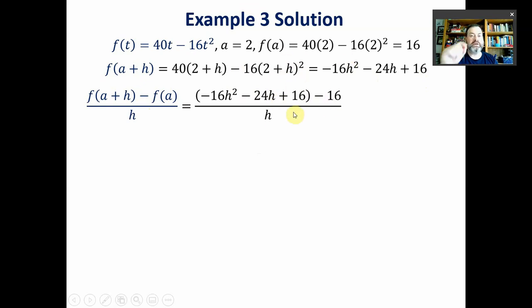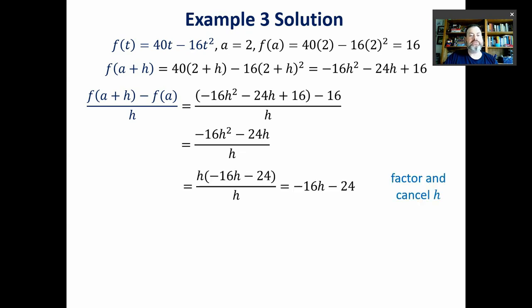Now I'm going to simplify before I take the limit. Right? Those 16s cancel. And I drop the parentheses. Now I need that h to come out of the denominator. So I'm going to factor out an h in the numerator. Then I'm going to cancel it, and I'm left with negative 16h minus 24.